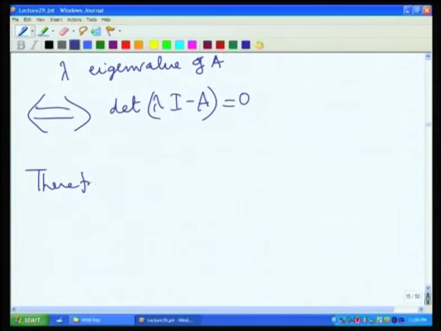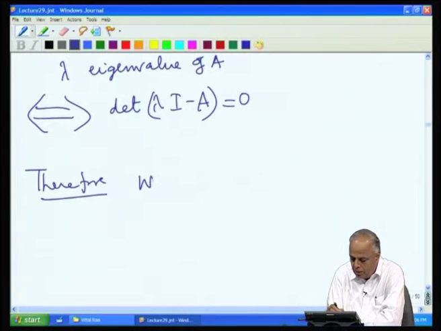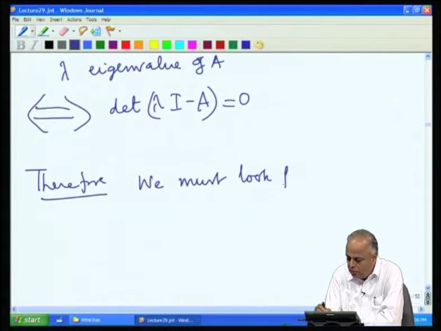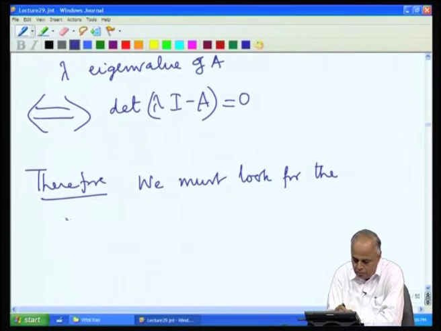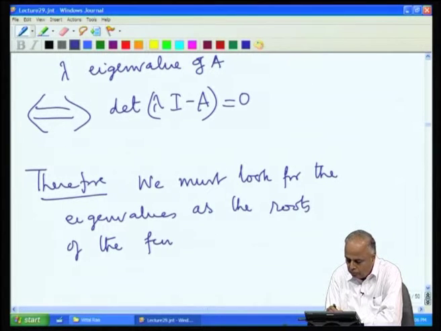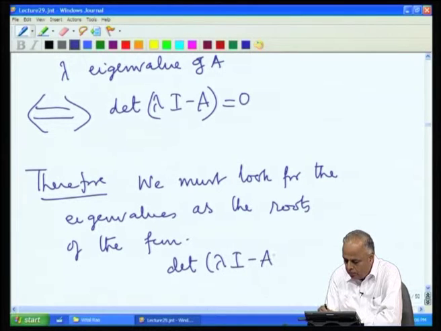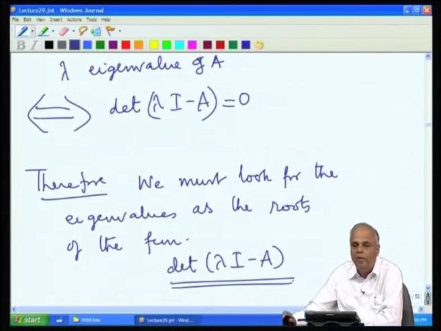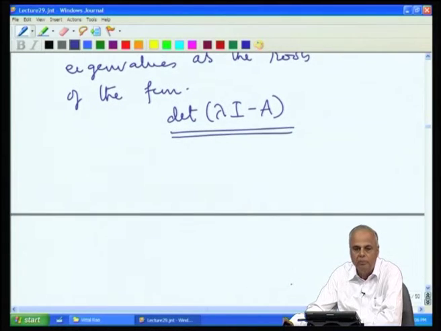So, therefore, we must look for the eigenvalues as the roots of the function determinant of lambda I minus A. We have to find it as the roots of this function.